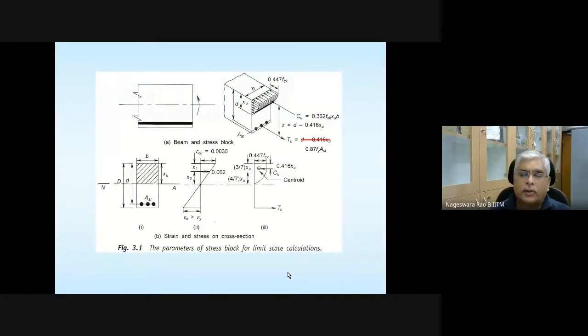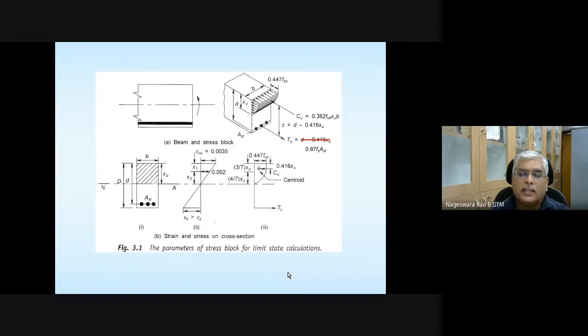If you go back to what you have done, how did you find the neutral axis depth? So far you found it by equating the moment of area in compression about the neutral axis to the moment of area in tension about the neutral axis.